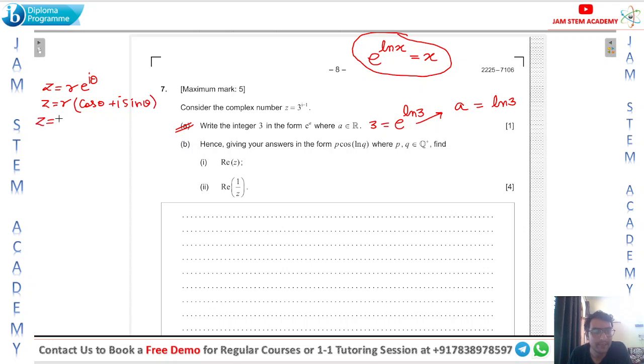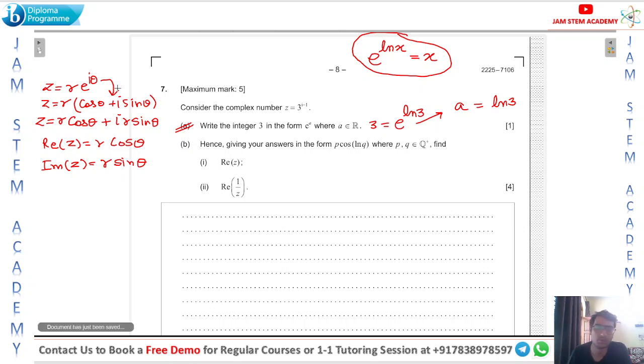So the real part of z is r cosine theta and the imaginary part is r sine theta. In this way we can use Euler's formula to convert the exponential form to standard form and compare the i part and the constant part.